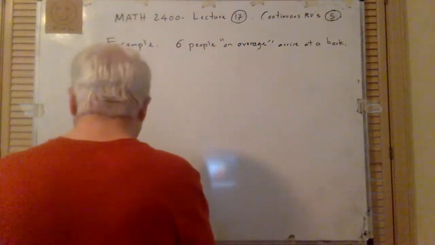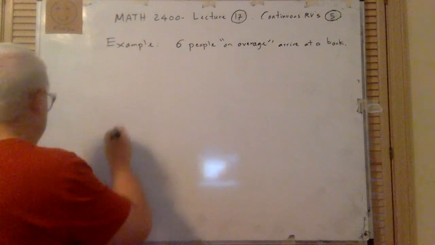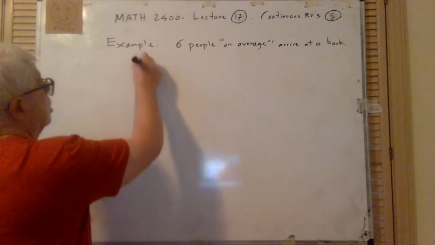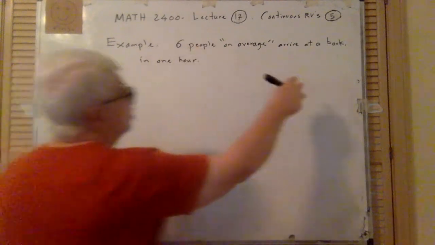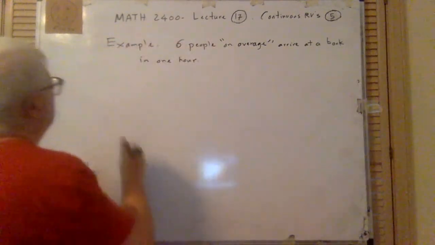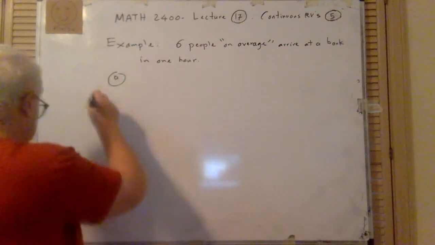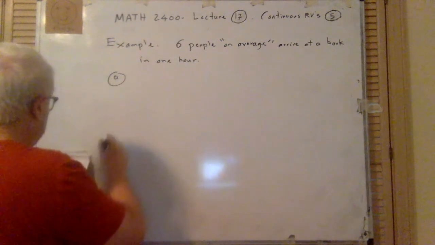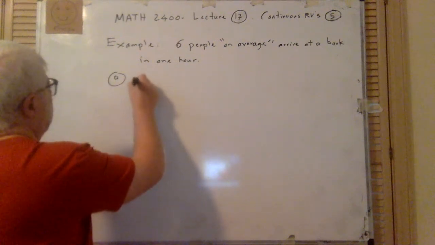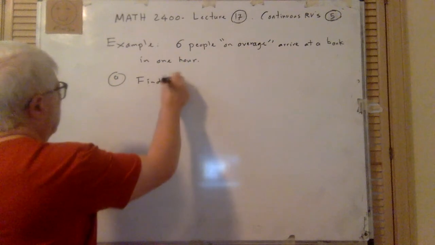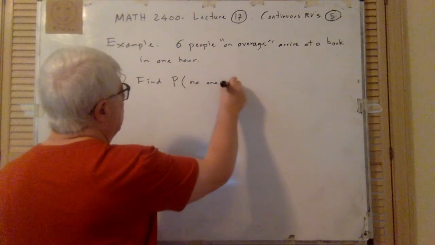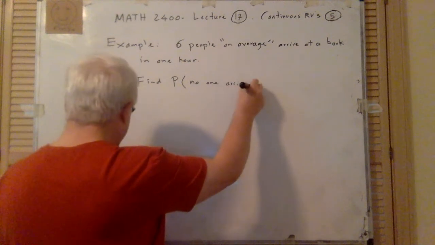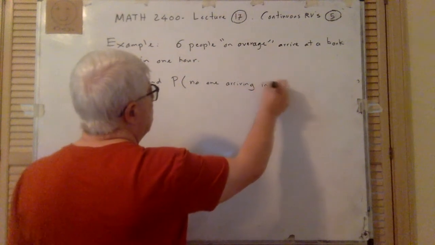Now these are the questions. A: Find P of no one arriving in 1 hour.